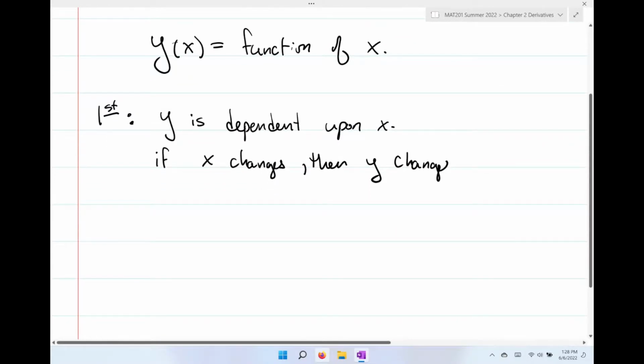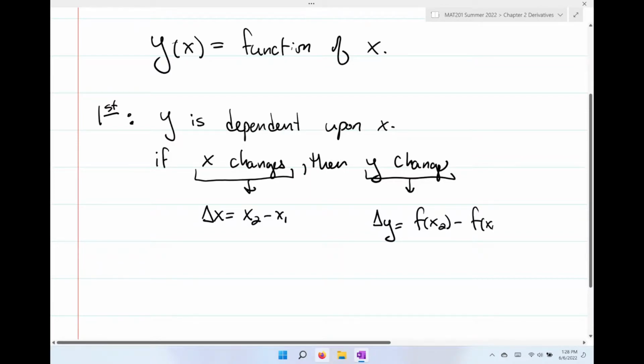So, to abbreviate this, we could say delta x is going to be x2 minus x1. That is the change in x. Likewise, delta y is going to be f of x2 minus f of x1 if y of x is a function.